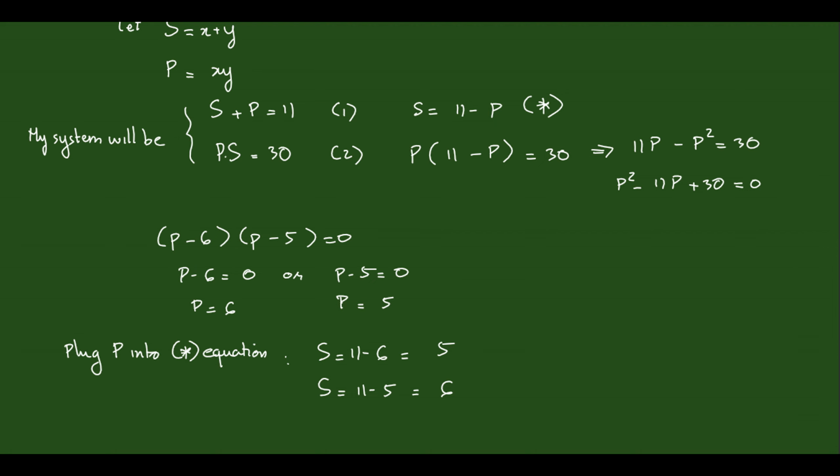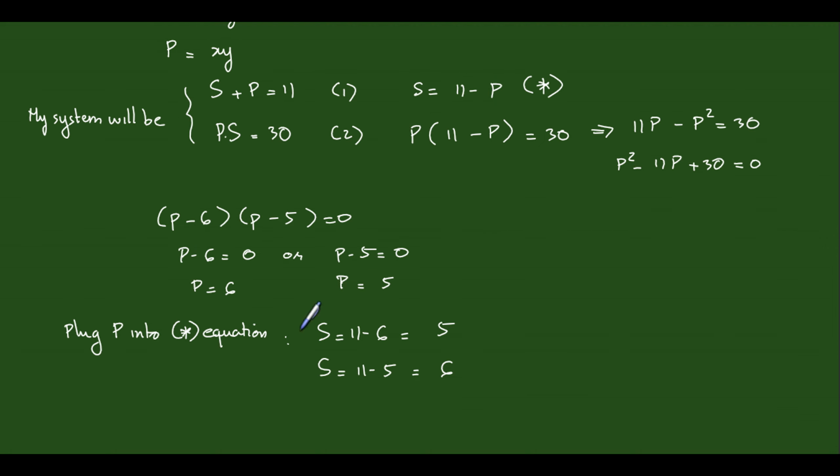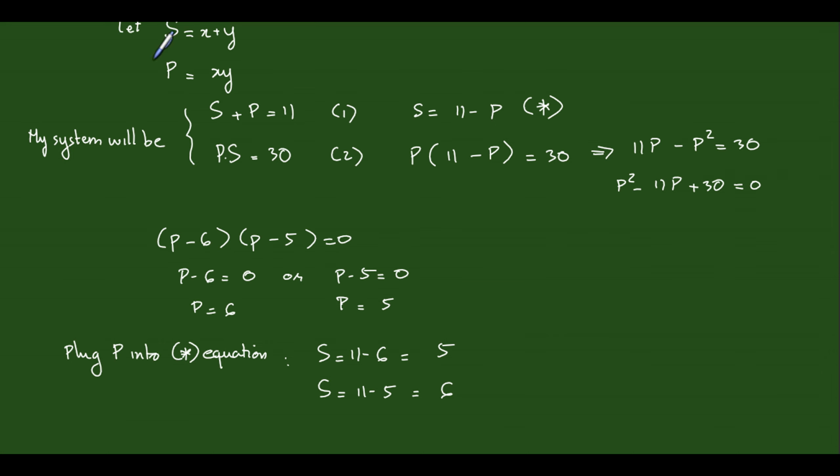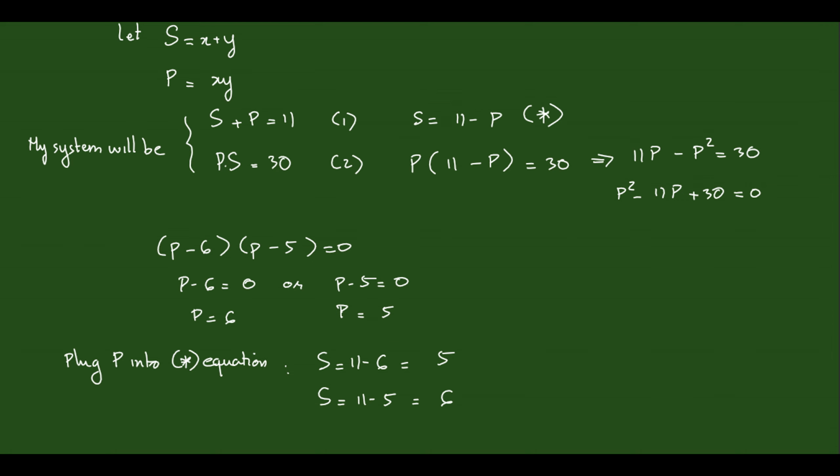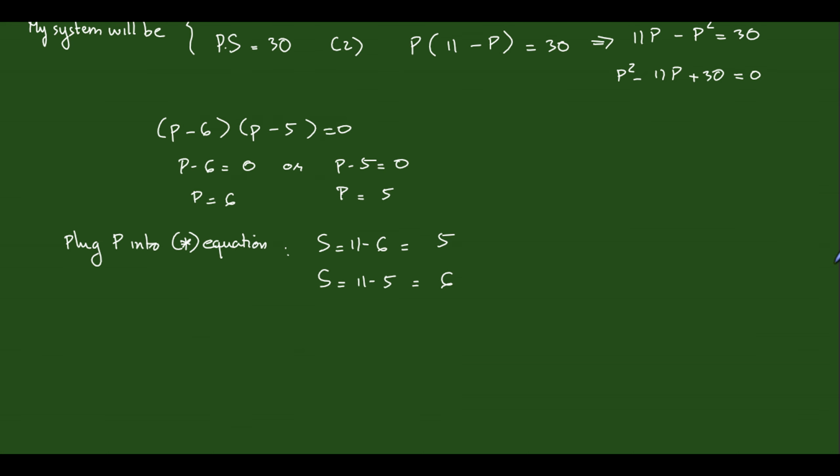So let me call this original system 'system 2 star.' I'm going to plug s and p into system 2 star.